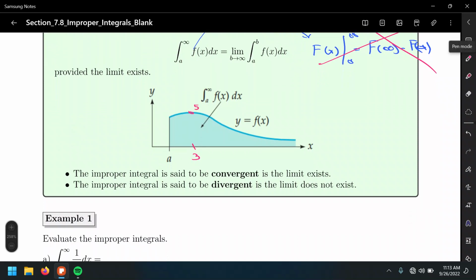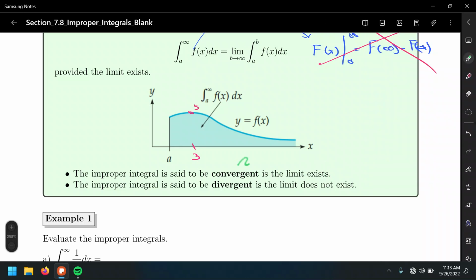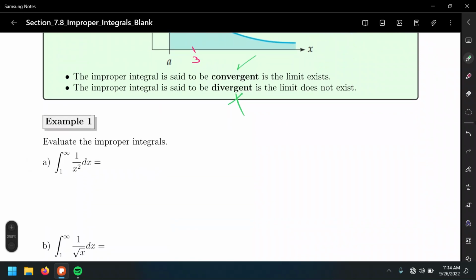We will evaluate an integral via evaluating a limit. If the limit exists, we say that the integral converges. Otherwise, if the limit blows up to infinity or does not exist, the integral is divergent. We're going to have a look at different examples in different situations to see this in action.